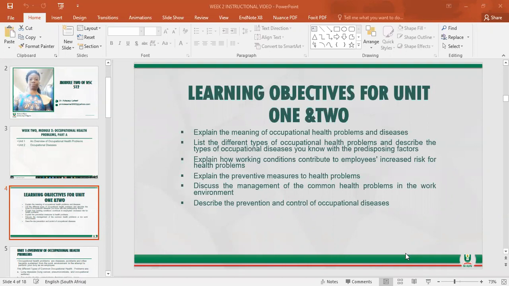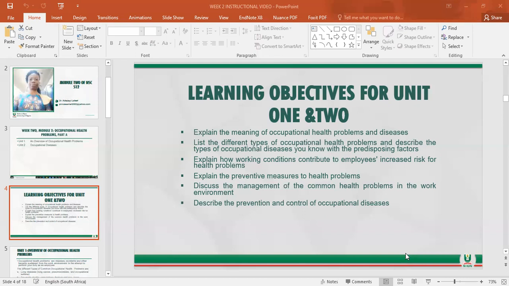Under Module 2, we have 6 units, but today we'll be covering 2 units. Unit 1 is an overview of occupational health problems, and Unit 2 is occupational disease. Those are the two topics I will be facilitating this afternoon.